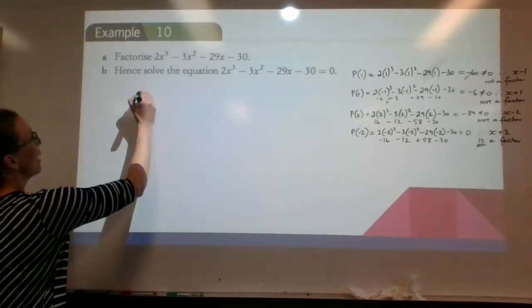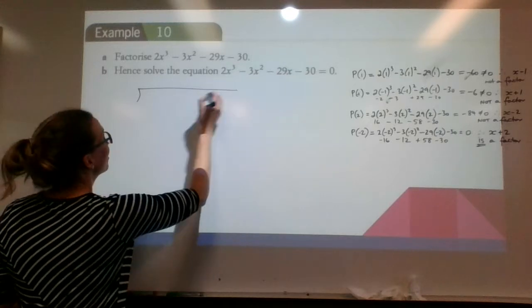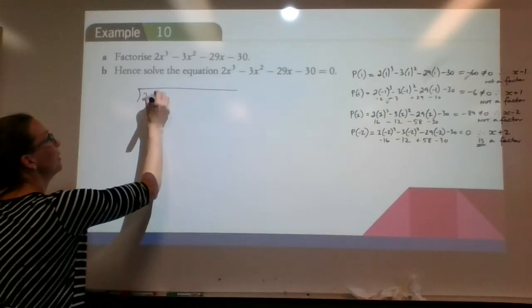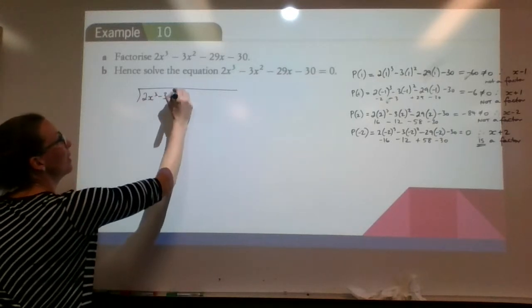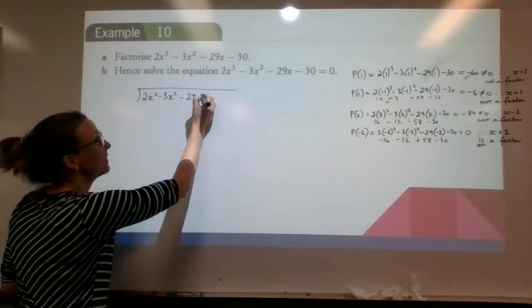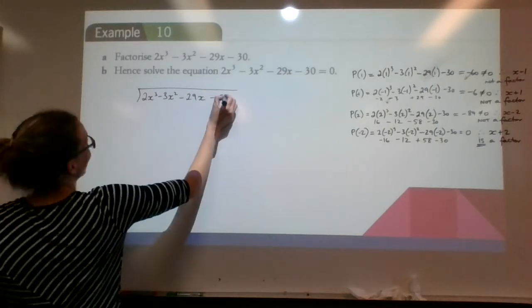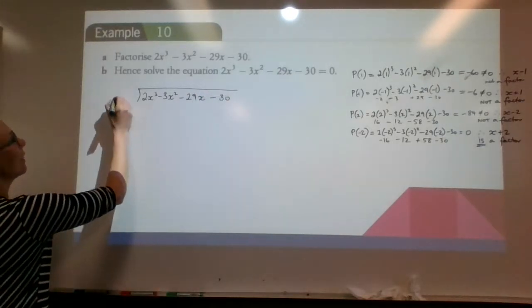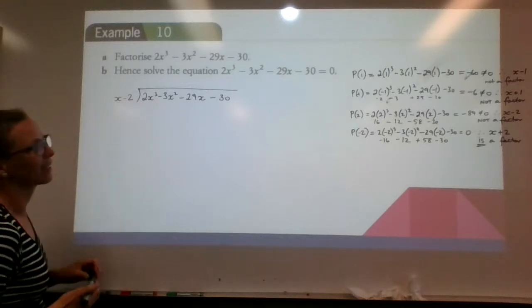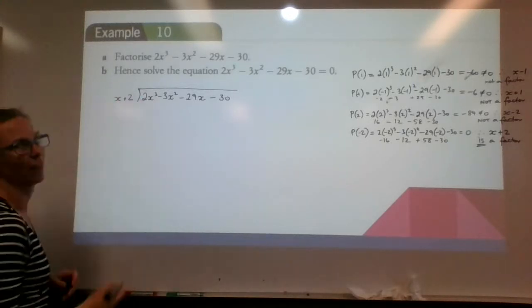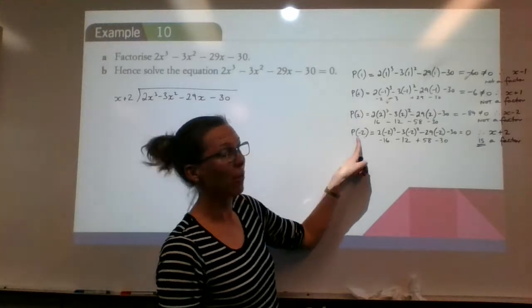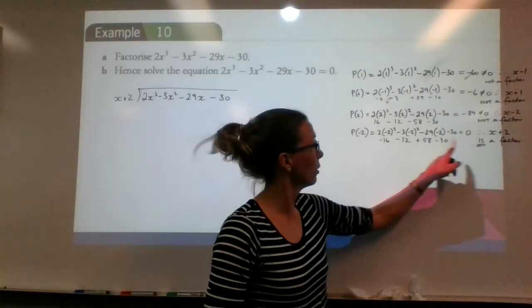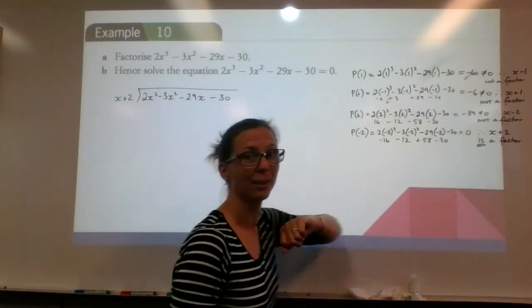All right, so now we need to do some polynomial long division. I know you love it. So let's divide it by that first factor that we've just found. Remember, I substituted -2, so x plus 2 was my factor.